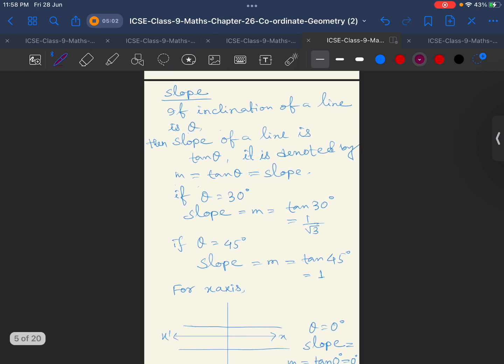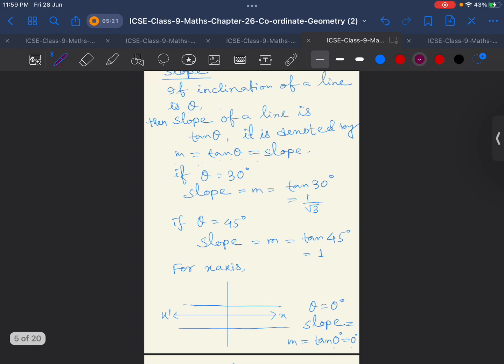Okay, now we read slope. So what is slope? If inclination of a line is theta, then slope of the line is tan theta. Slope is denoted by the letter m. Here m equals tan theta. So we denote slope as m equals tan theta.